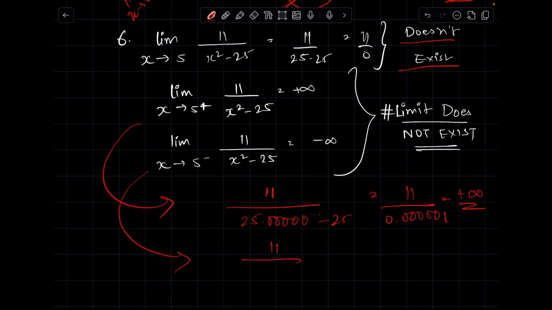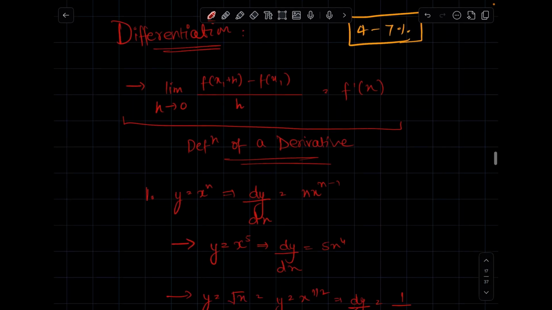From the left, x will be 4.9999 and so on, so x squared minus 25 is a tiny negative number, which is 11 by negative 0.0001, which is negative infinity. And since these two are not equal, your limit does not exist.